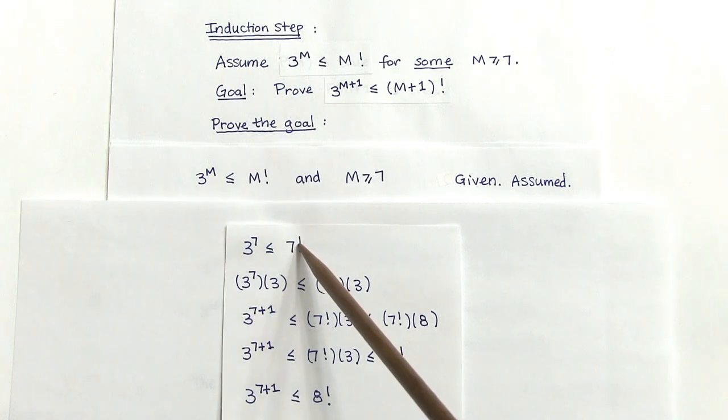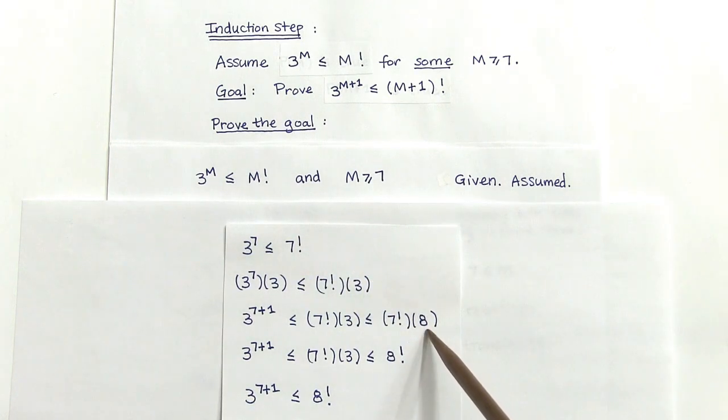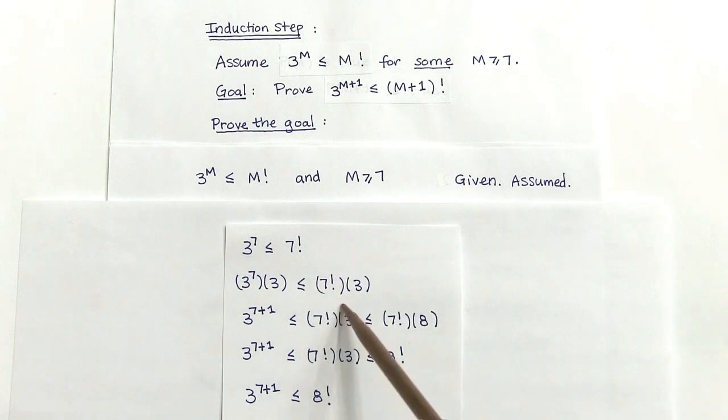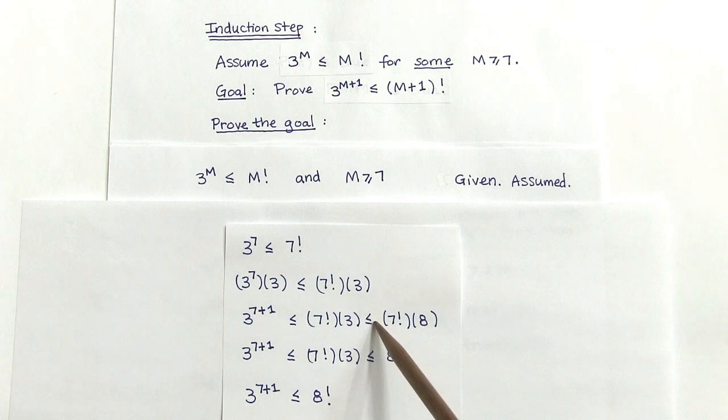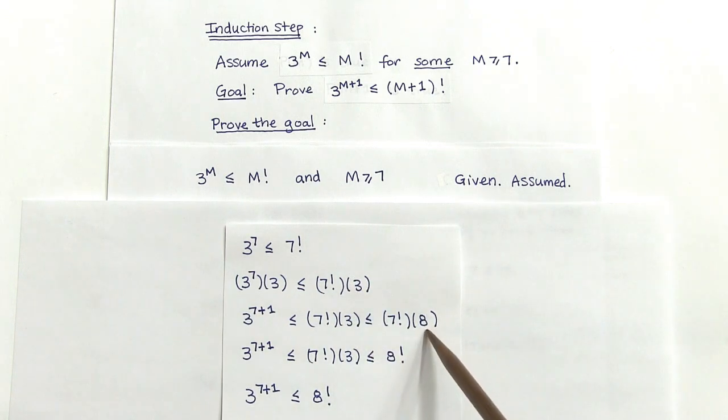How to get the 8 factorial on the right? Well, I wonder, is it true that this quantity might be less than? What happens if I replace the 3 with an 8? Does this work? And yes, it does, again, by that same principle.